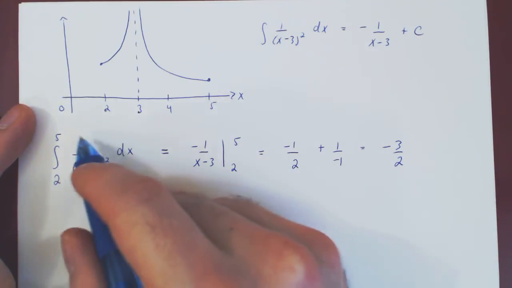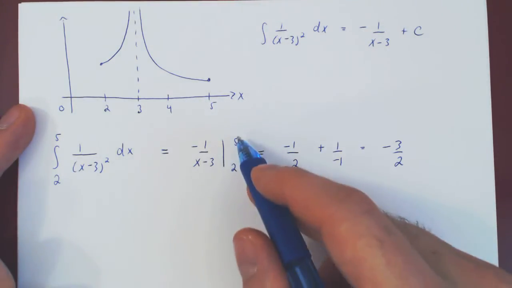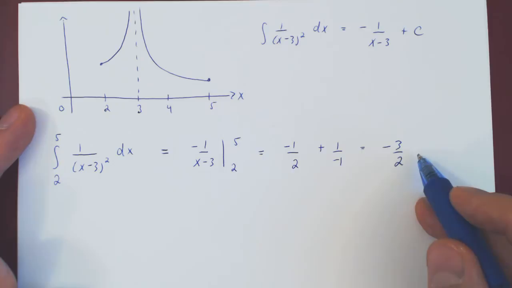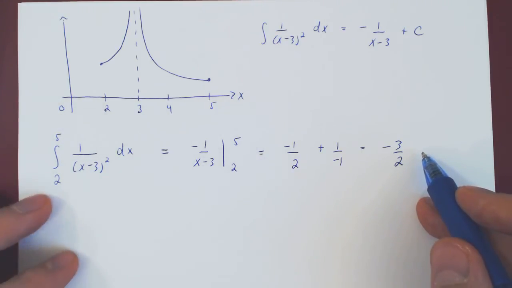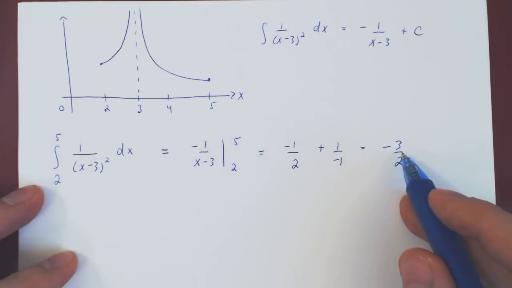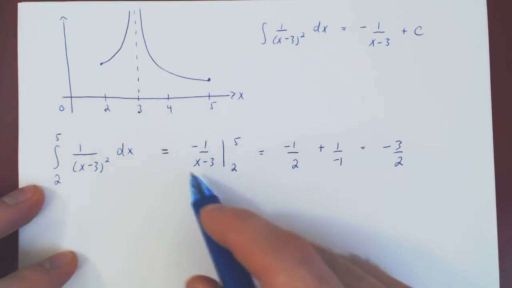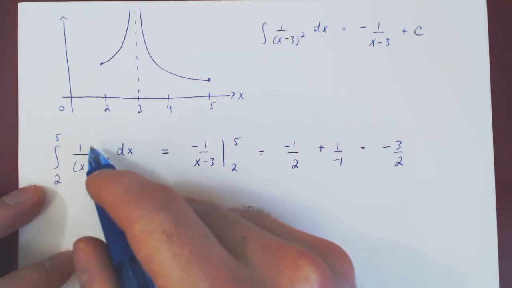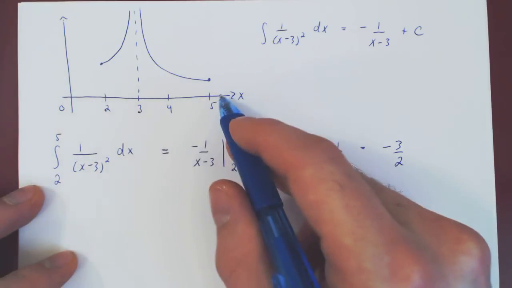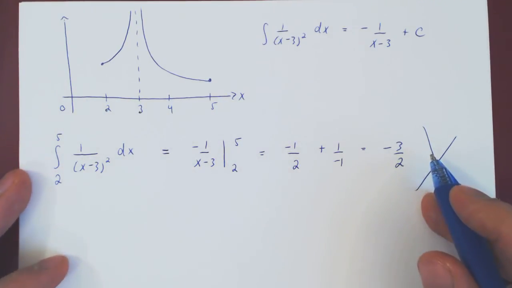We have our function, we found its antiderivative, evaluate at both endpoints, subtract, and you have the answer. But the key point is here we made a crucial mistake. We can only do this, go directly from the definite integral to its antiderivative, and then evaluate, if the function is continuous on its interval, which clearly it isn't. So this is simply wrong.